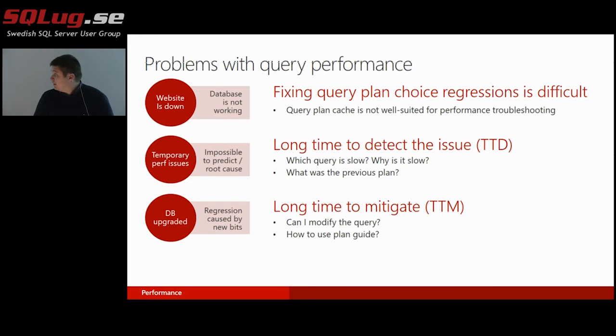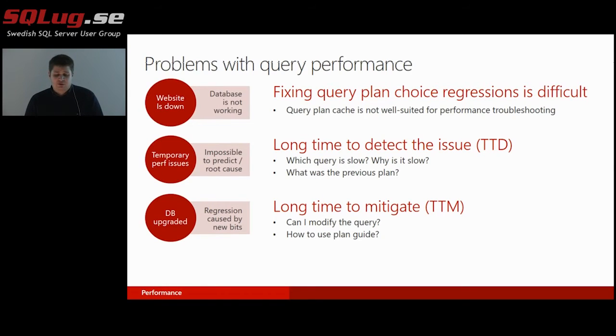Right now, the query cache stores only one version of a plan. I mean, it could be two plans, one for parallel execution and one for serial. But for a single query, we basically have only the latest plan.